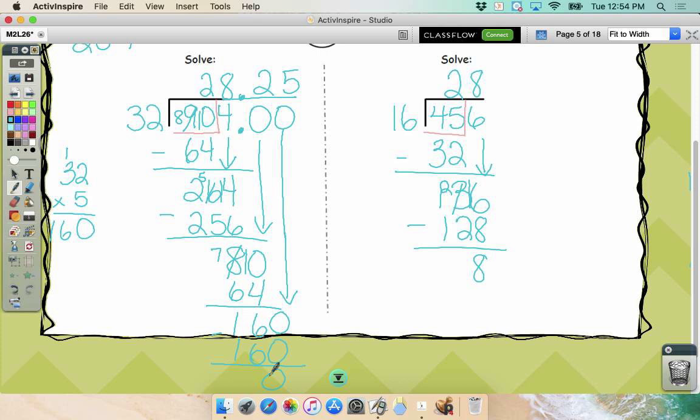Okay? Now we're going to do the same thing over here. So erase your remainder if you haven't. And somebody told me what this was, 28.5. Okay, so if that's the case, we should be able to multiply 16 times 5, and it's going to come out to be 80. So let's see.